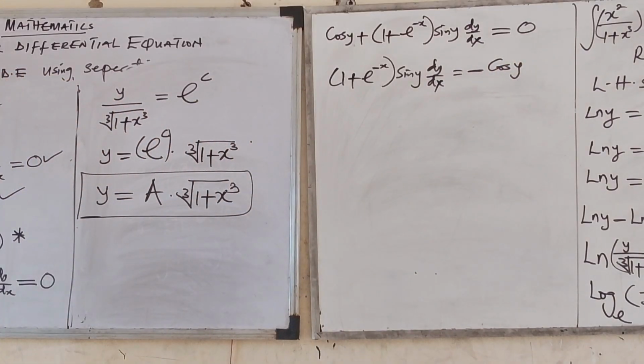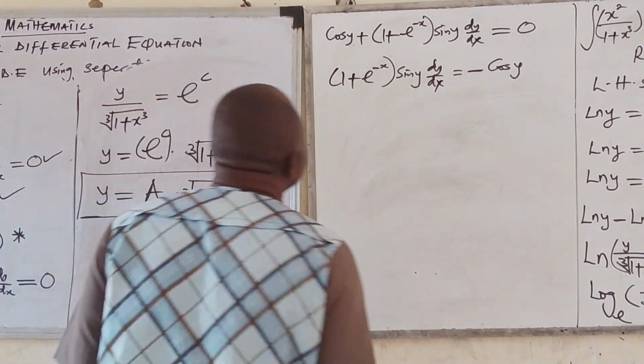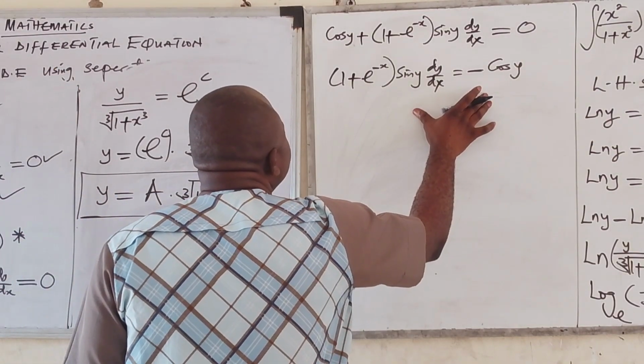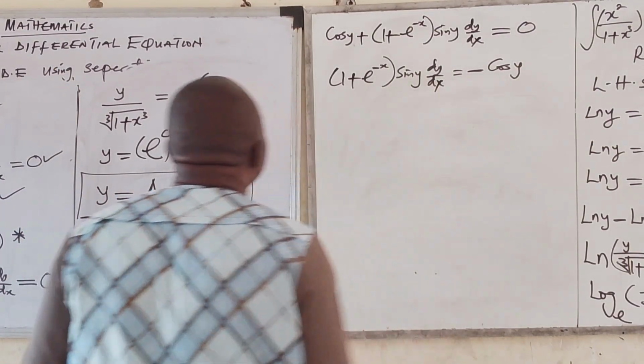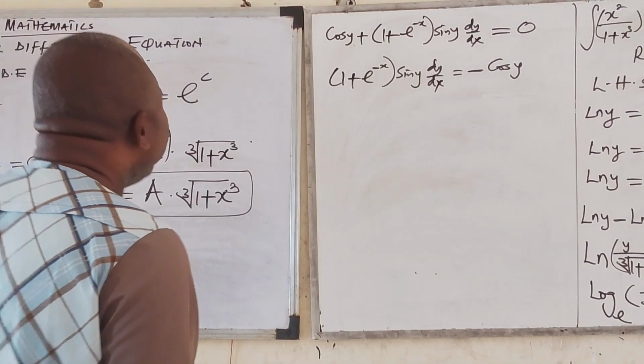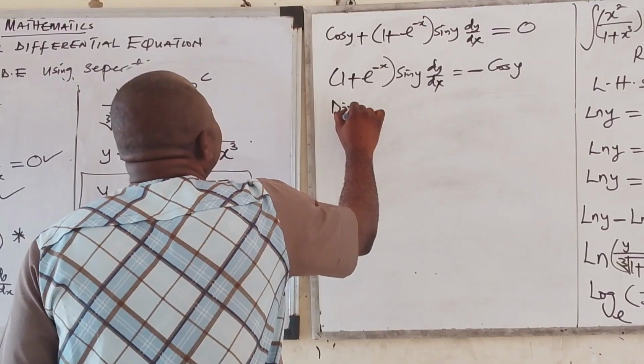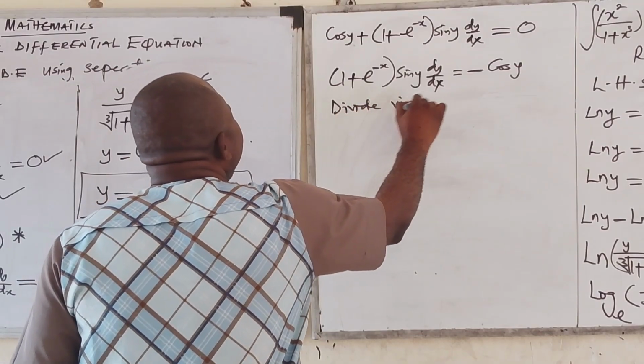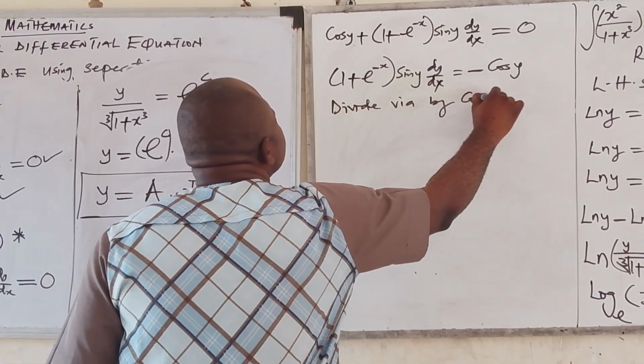So now let's divide both sides by cos y.